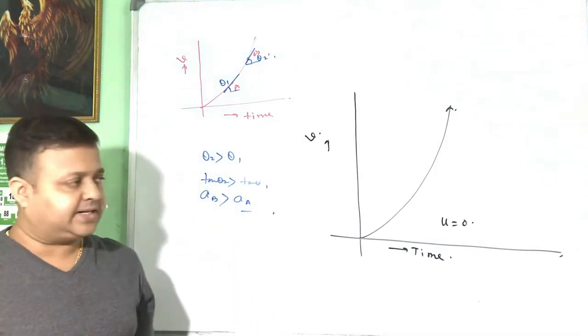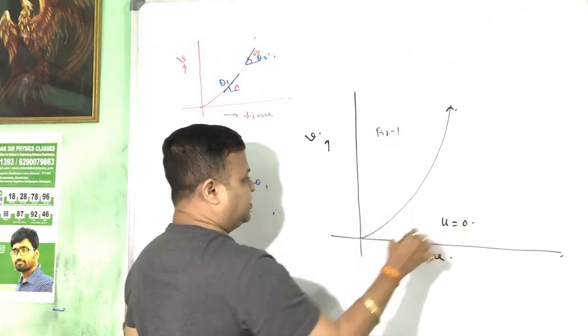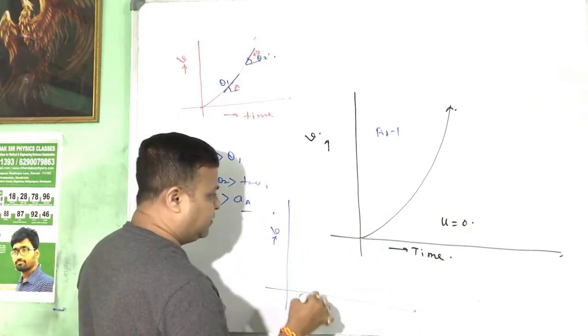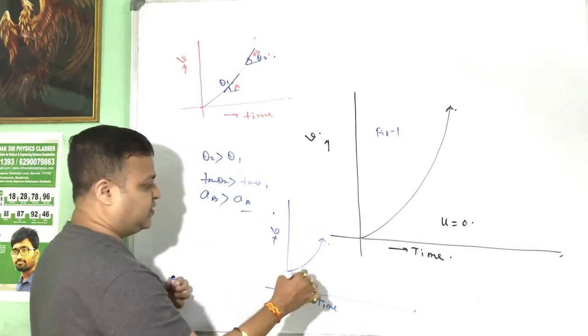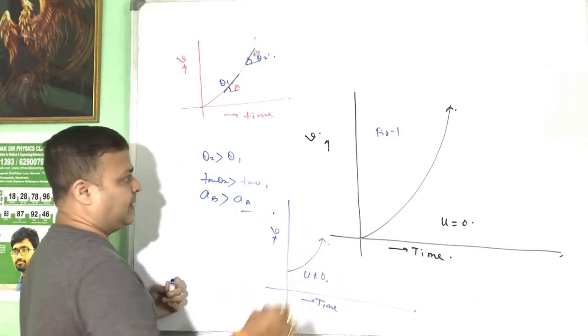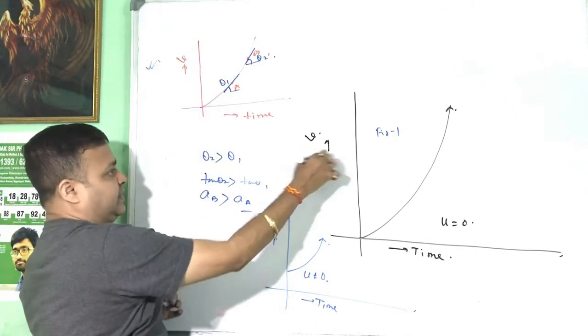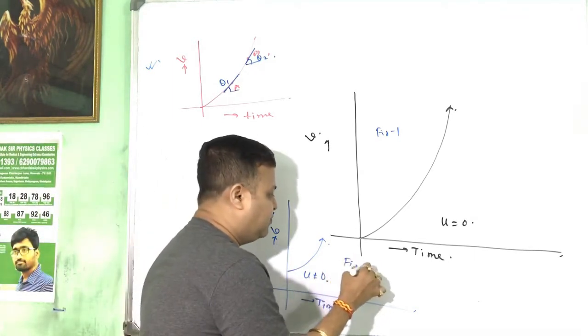That is variable acceleration. This is figure number 1, if the initial velocity of the body is 0. If the initial velocity of the body is not equal to 0, then this one is not equal to 0. This is the explanation, and these are the two diagrams, figure 1 and figure 2. Both are applicable.